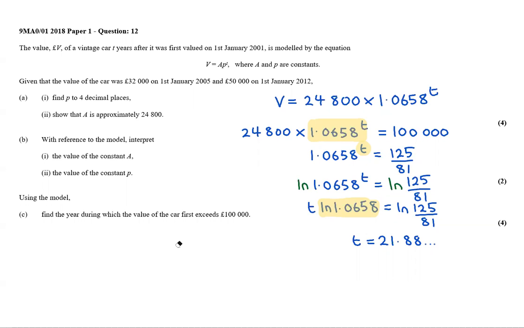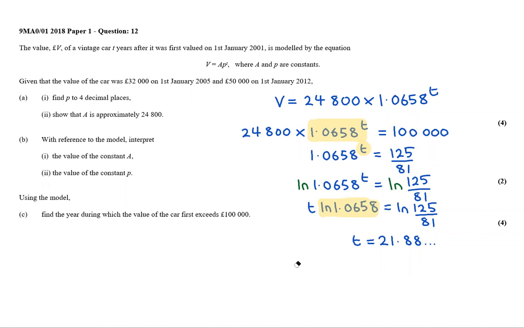So we need to state in which year the value exceeds 100,000. It's going to exceed 100,000 in the 21.88th year. Now, if we think about where we started from, we started at 2001.